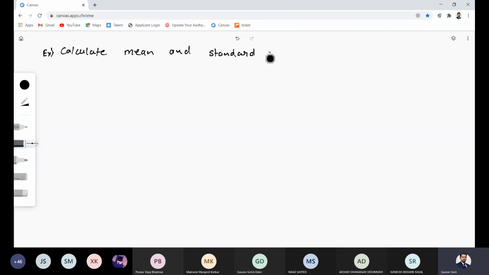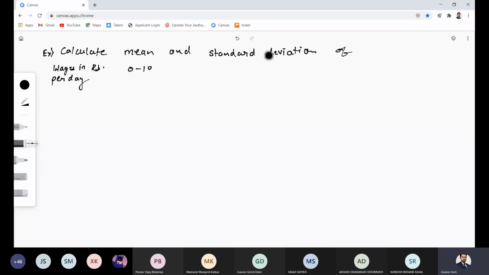Example: calculate the mean and standard deviation of wages in rupees per day.